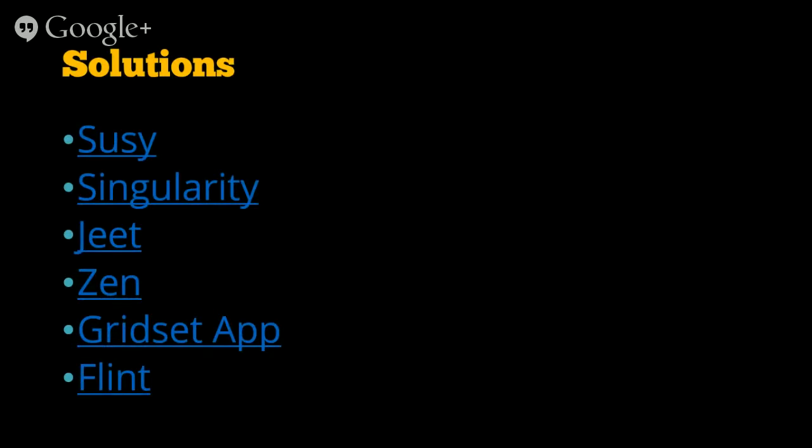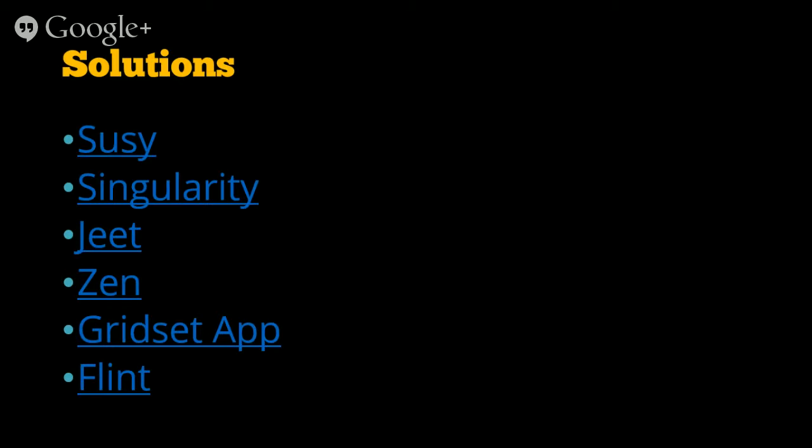And luckily, we have a huge bunch of solutions to solve this problem. All of these are Sass based plugins that you can create designs out of. There's Susy, there's Singularity, which I'll show you a nice code demo of, and G framework is there.